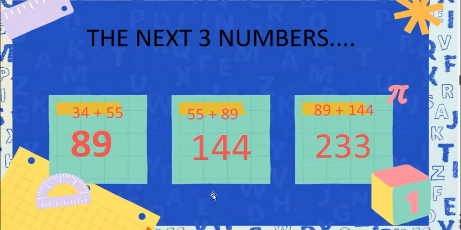So here we can see the next three numbers in the sequence would be 89, 144, and 233. We get 89 when we add 34 plus 55. We get 144 when we add 55 plus 89. And we get 233 when we add 89 plus 144.